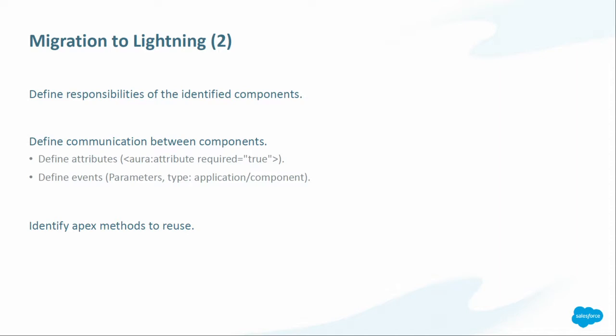And this is very important because it's going to have an impact on the number of attributes that our components are going to have, and also the events that they need to fire or they need to be registered to. And finally, we need to go back to the server side and check what pieces of code we can reuse from our Apex classes.